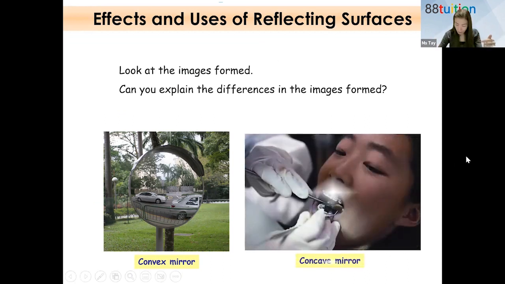Then, if you go to the dentist, yeah, the dentist will use this special mirror, okay? It's called a concave mirror. It will allow your teeth to look a lot bigger so that the dentist can see clearly what is the problem there or identify whether there's any problem with your teeth or your gums. Yep, so this is enlarged. Okay.